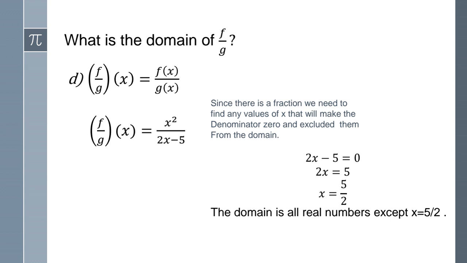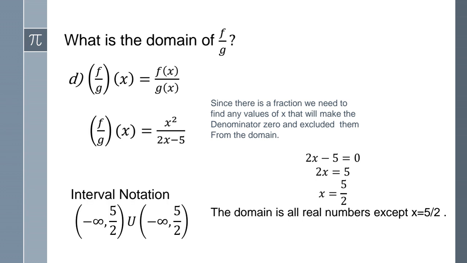So in interval notation it would be from negative infinity to 5 halves, parentheses, not including that 5 halves, union, oh, these are backwards, okay? Let me pull out my pen really quick. This should be over here, and this should be over here, okay?